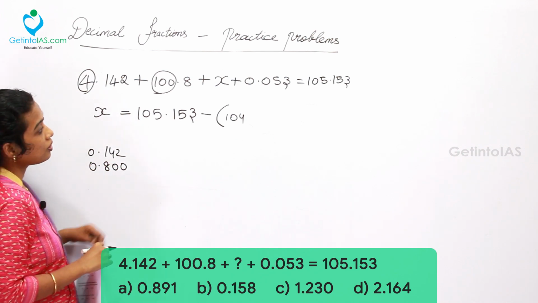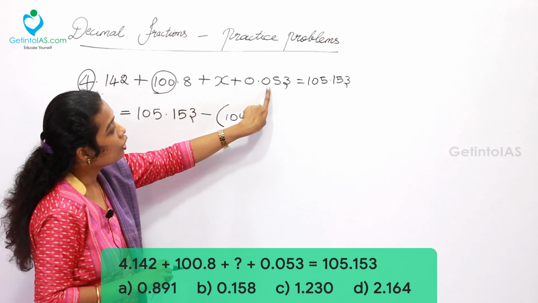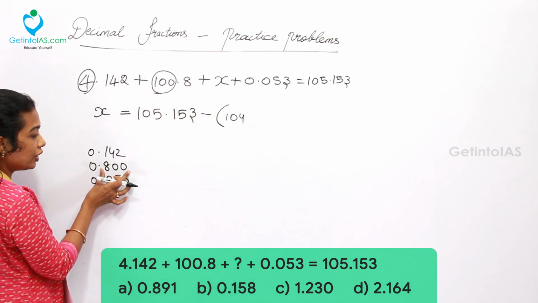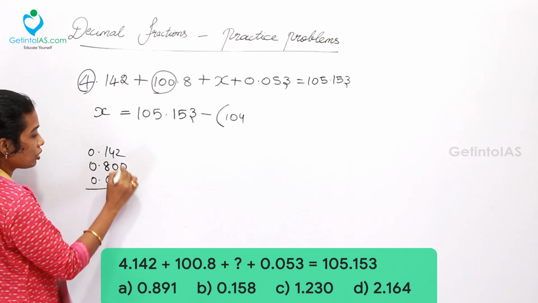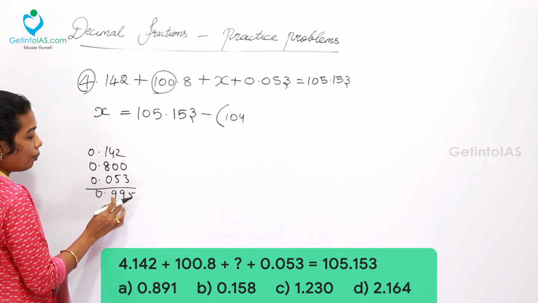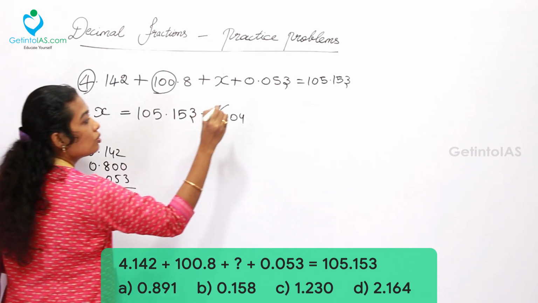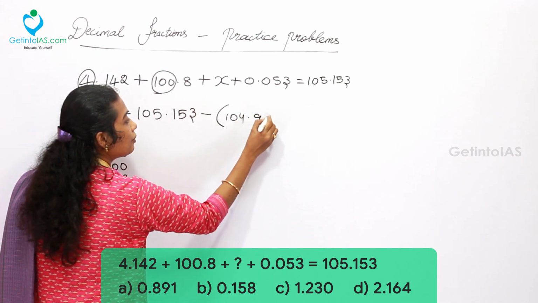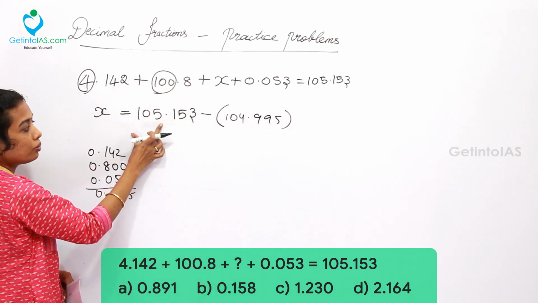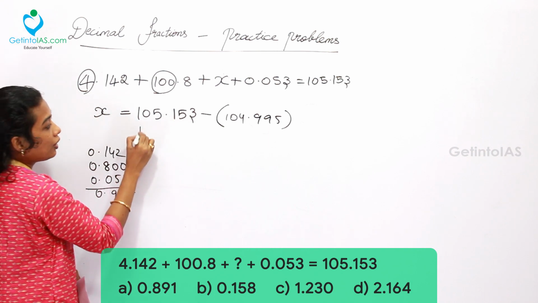Here you can make zeros, and after that 0.053. This is very important, making 2 zeros. Now you can add up: 0.995. So this is to be subtracted. These all are to be added, then subtracted from 105.153. Let's do that.